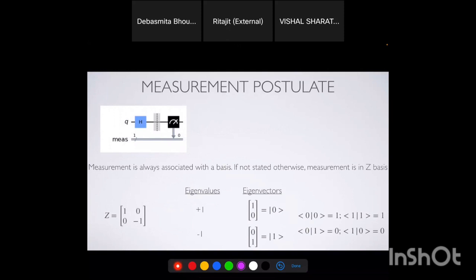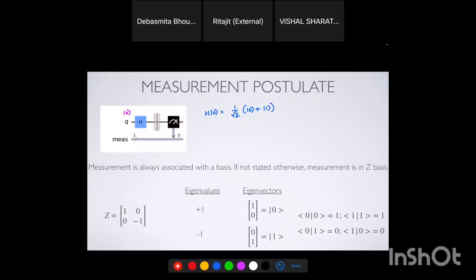So we have this Hadamard gate acting on the qubit, and in all the quantum computers that we have now, the qubit always starts at state 0. So we have this Hadamard gate acting on the state 0, which we calculated gives 1 over root 2 times (0 plus 1).